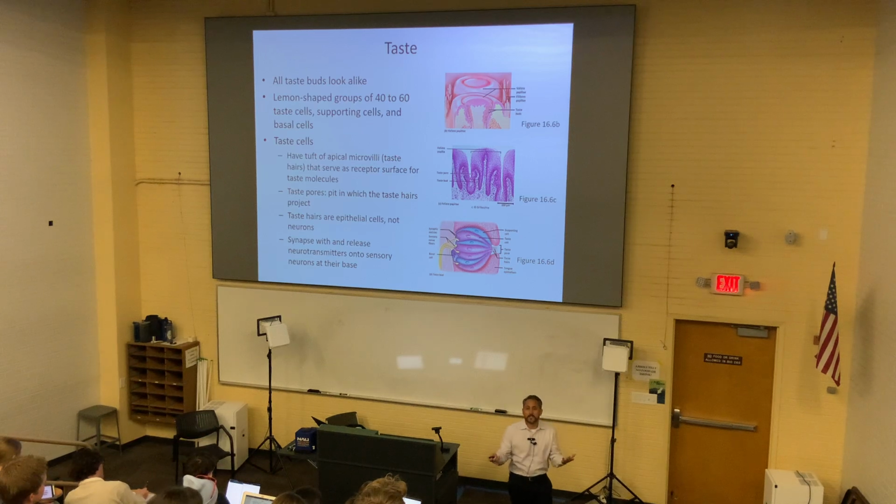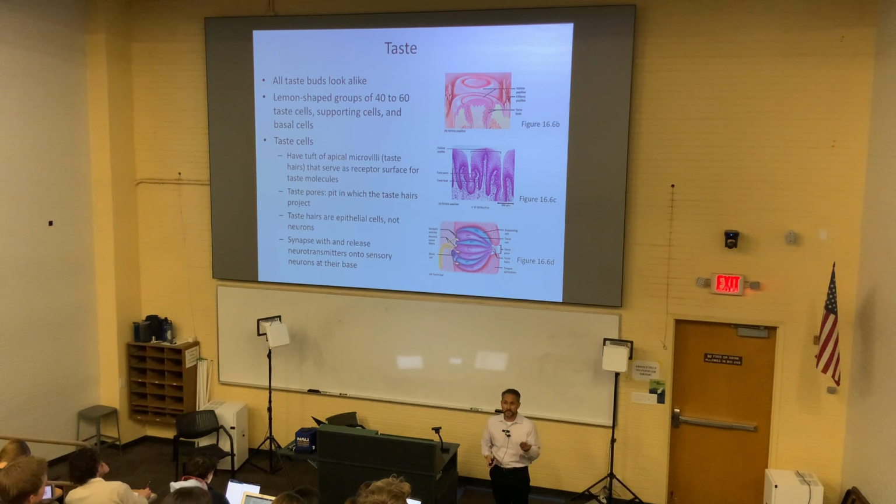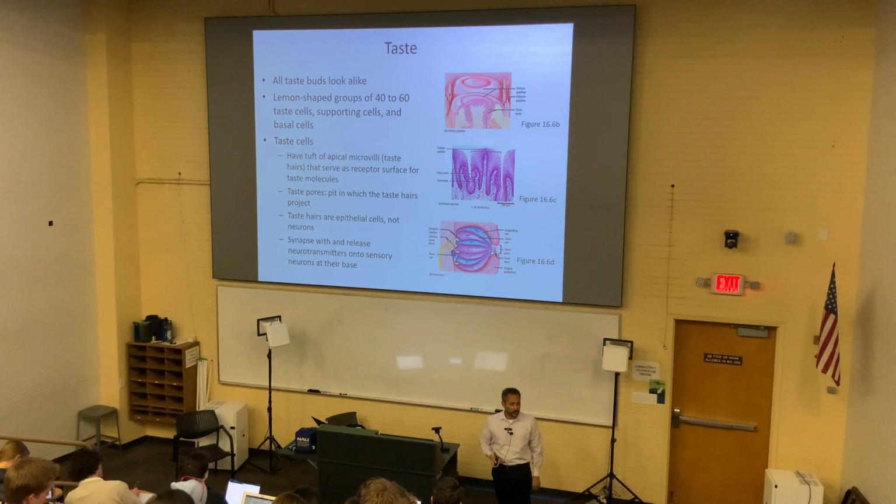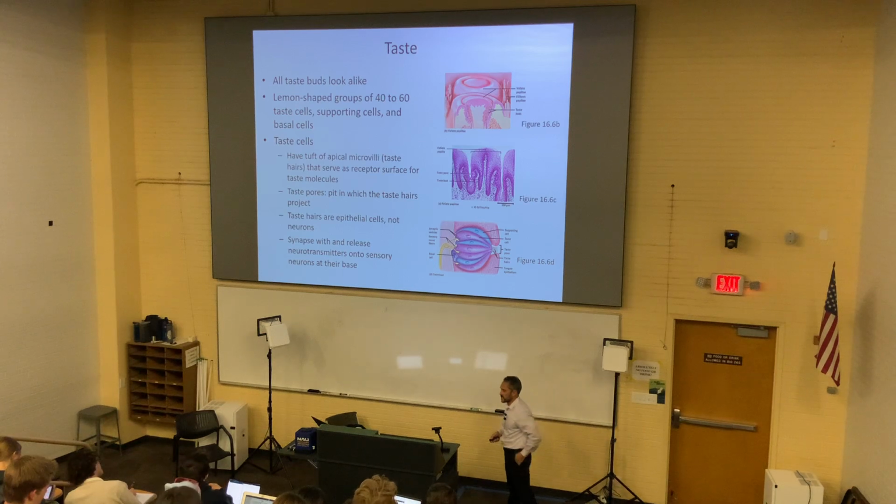But instead of responding to pressure or a mechanical stimulus, it actually literally binds a chemical and gives you an action potential that tells you information about the chemical composition of that substance. And you interpret it in your brain as being sweet, and you're going to have another bite. Or bitter, like, I'm not sure I'm interested in that. It's a little too bitter for me. Okay, and that's really important. We're going to see here in a second why that's important.